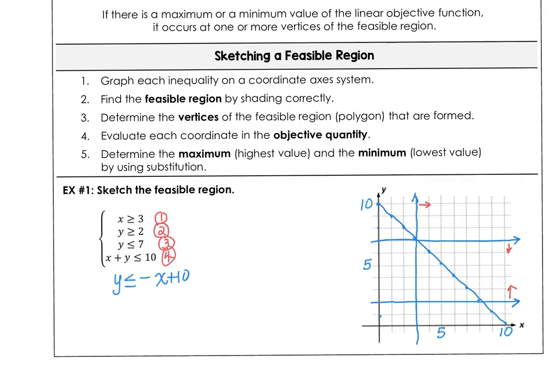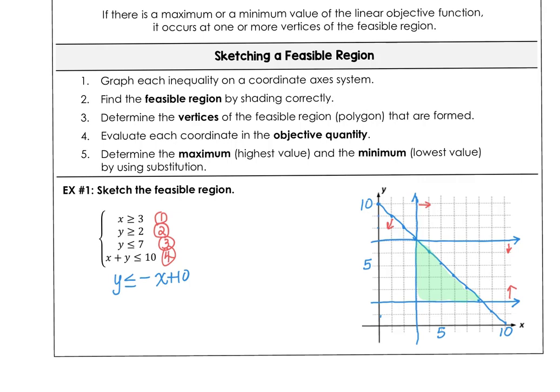And then again, placing my little red mark to shade below that, you can see that where these intersect, we're going to have this little triangular region in here is the polygon, and this polygon happens to be a triangle.